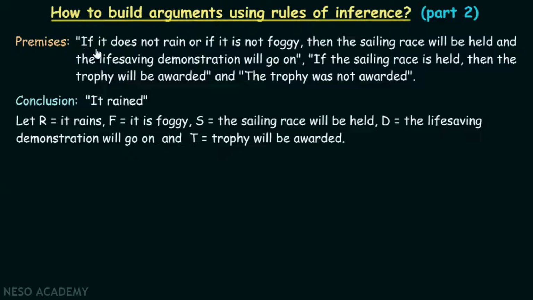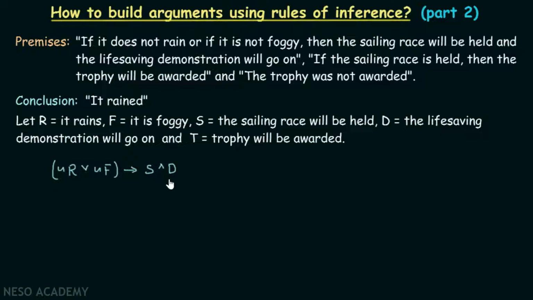The statement, if it does not rain or if it is not foggy, then the sailing race will be held and the life-saving demonstration will go on, can be converted as not R or not F implies S and D. This is what this proposition represents.